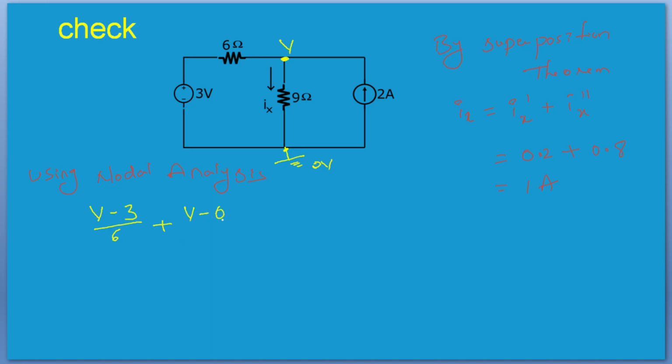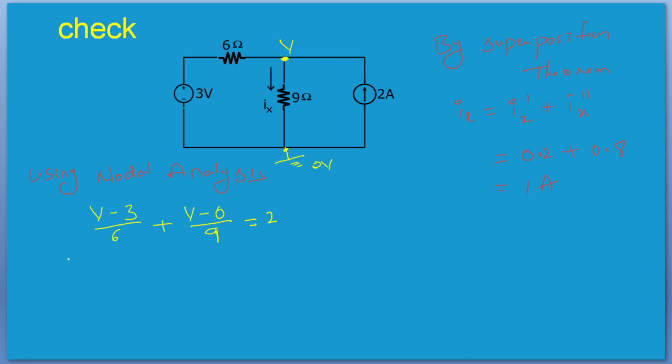(V minus 0) by 9, which is equal to 2. So nodal analysis is nothing but KCL plus Ohm's law. Leaving currents equal to entering current.